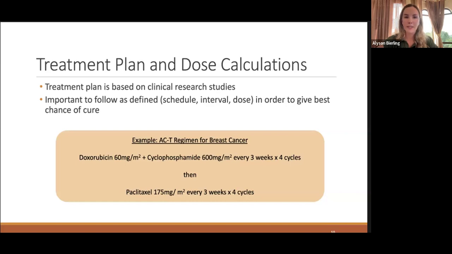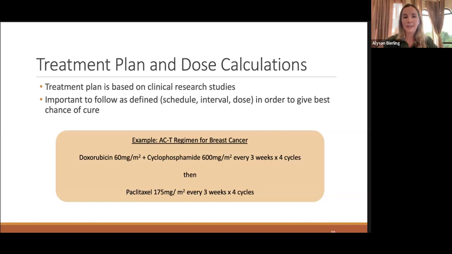An example which Rami reviewed last week is the AC-T regimen for breast cancer. Patients receive doxorubicin and cyclophosphamide at 3-week intervals for 4 cycles. And then after those 4 cycles, we'll move on to receiving paclitaxel every 3 weeks for another 4 cycles.